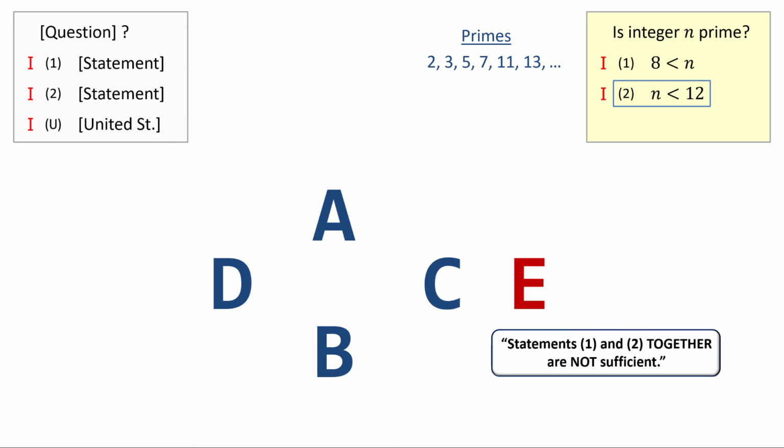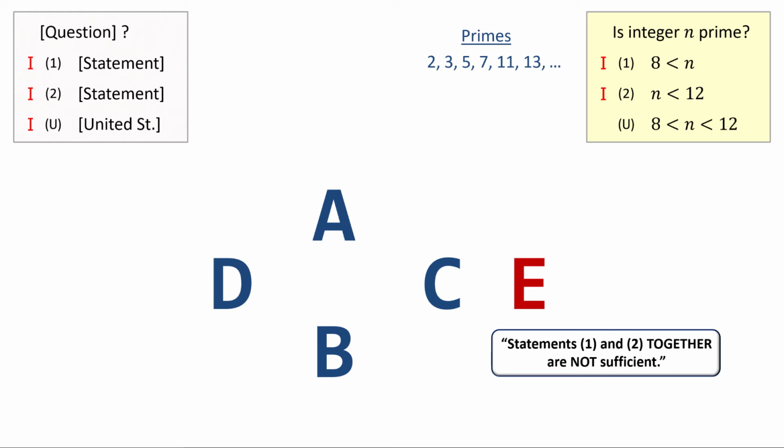Now it's time to think about statements 1 and 2 together. Let's combine them to build the united statement U. From statement 1, we know that n is greater than 8, and from statement 2 we know that n is less than 12. Remember that the question describes n as an integer. The united statement is telling us that this integer is between 8 and 12.